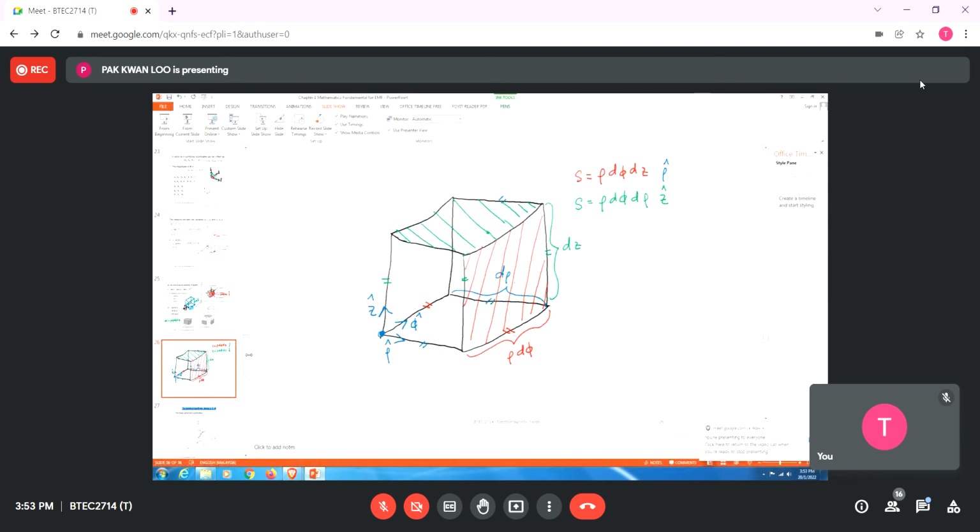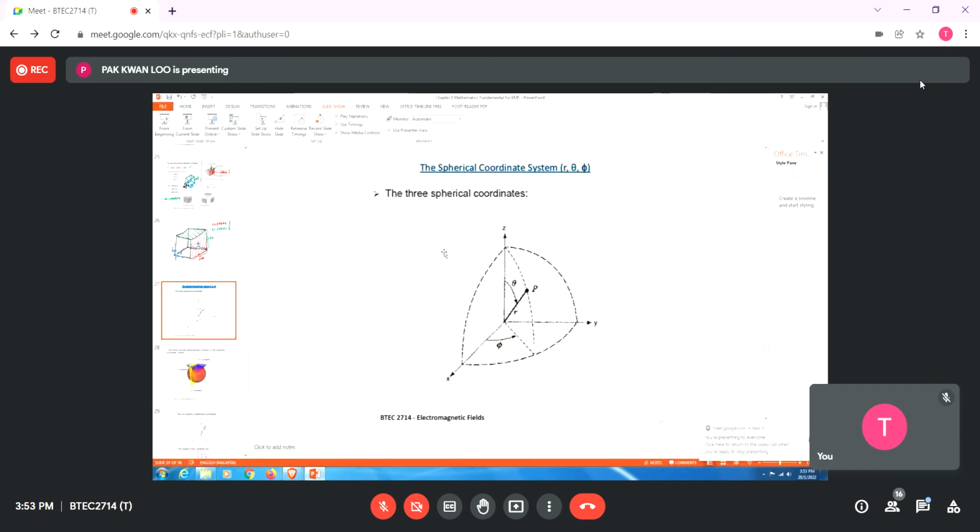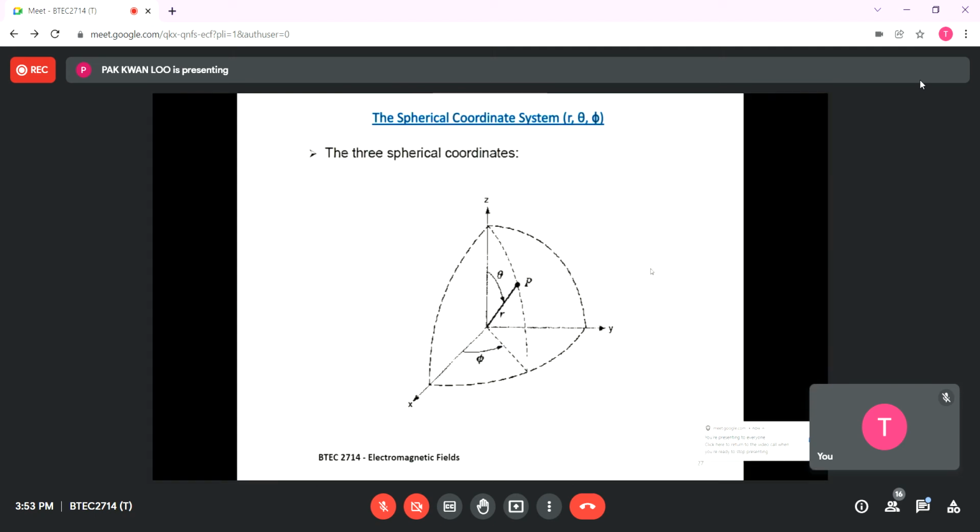Okay, so let's move on to the next, spherical coordinates. For spherical coordinates, we have one length dimension and the other two represent angles: r, theta, phi. Say I have a point P here. I can represent it as x, y, z, and also as r, theta, phi.